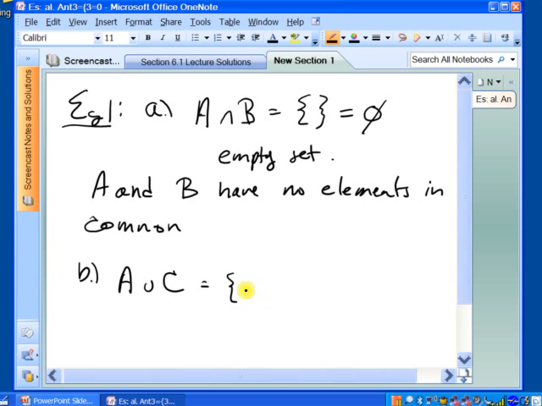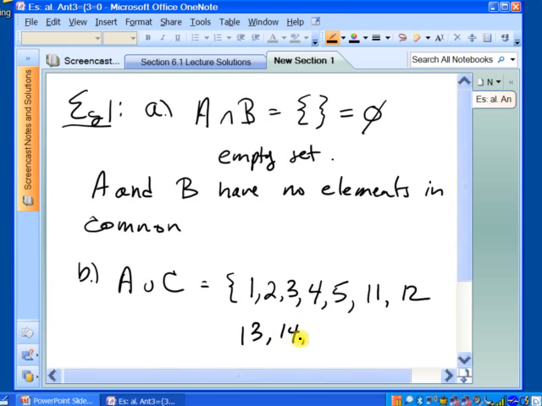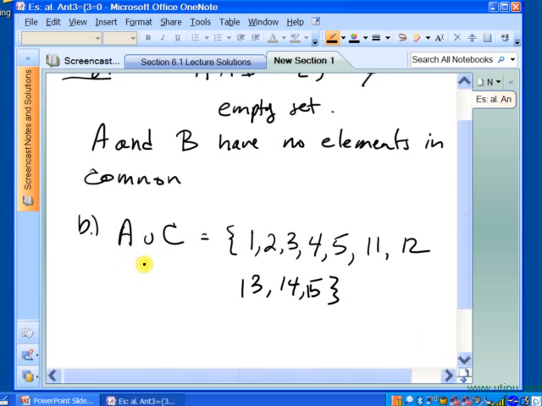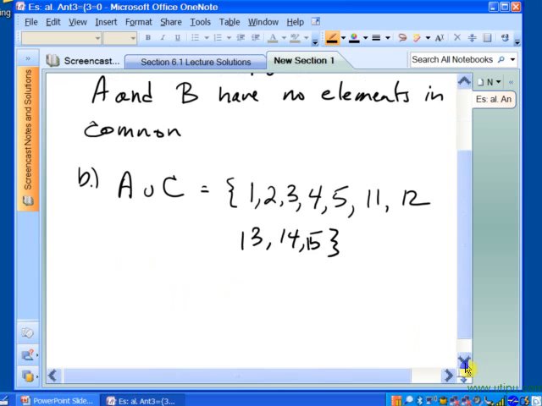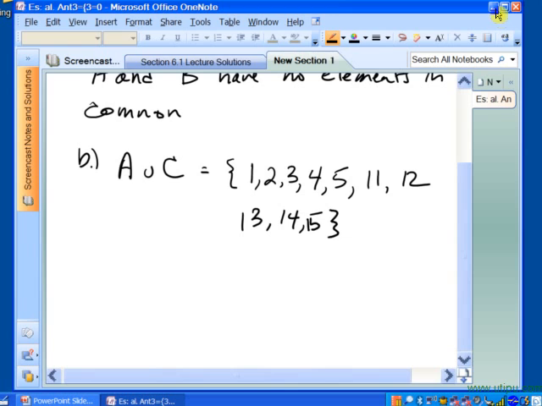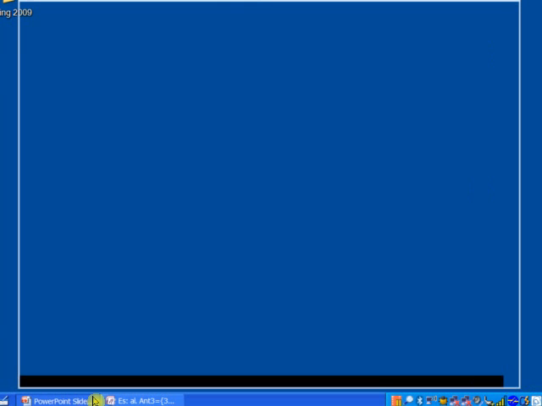Set A has the digits from 1 through 5. So we can just go ahead and start to write those down. 1, 2, 3, 4, 5, and then 11, 12, 13, 14, and 15. All right, so there's the union of sets A and C.